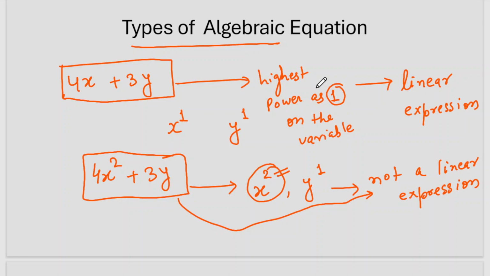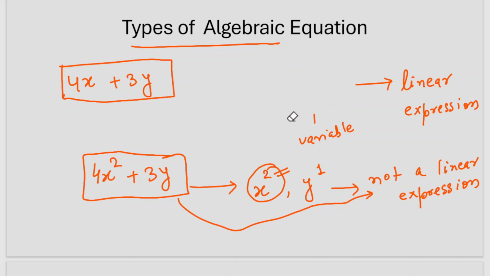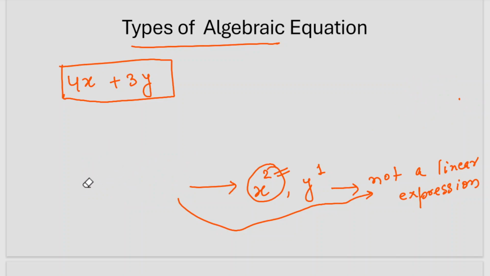Got the point? So this is type number 1, that is the linear expression. Now, coming to type number 2. Now, if the power on the variable is 2, what will we call that expression? Let's see.